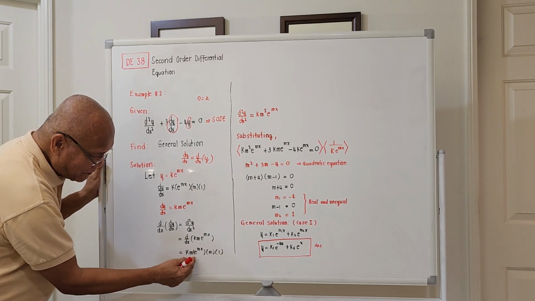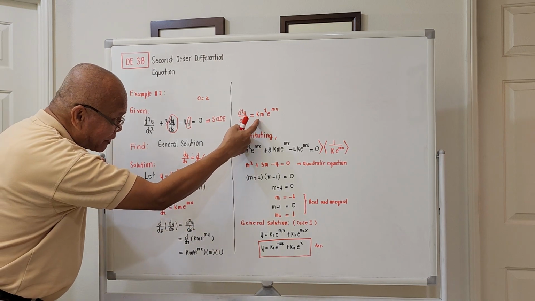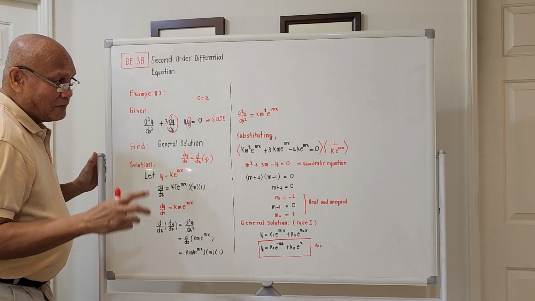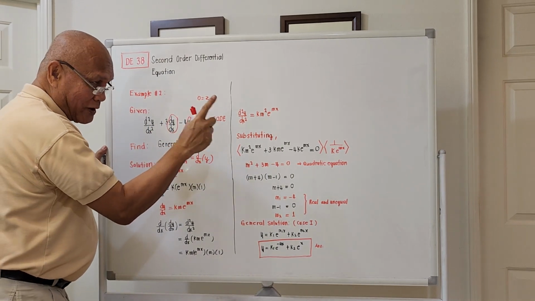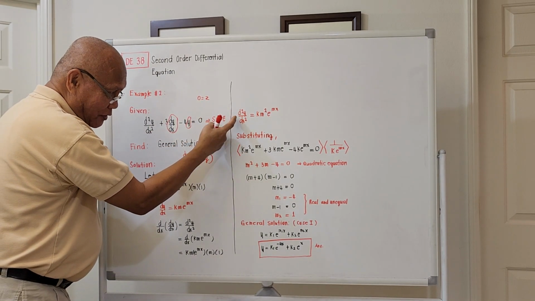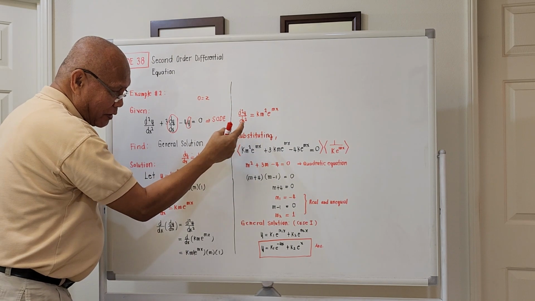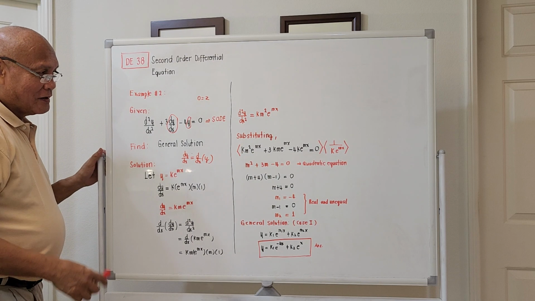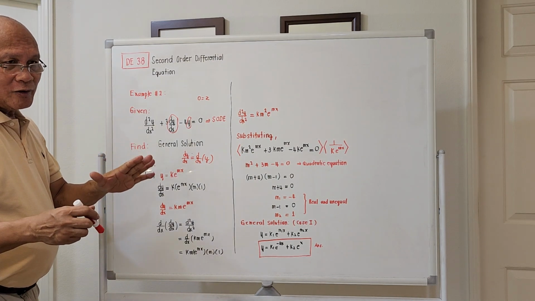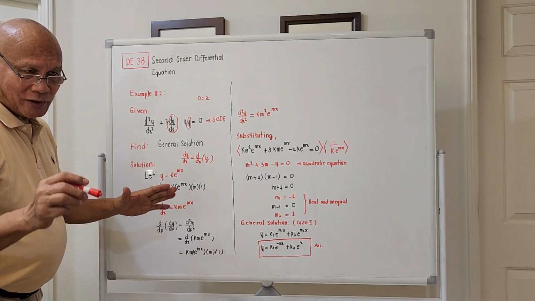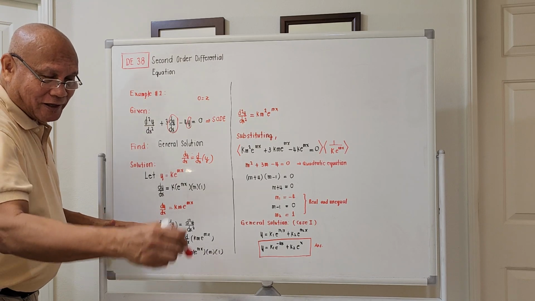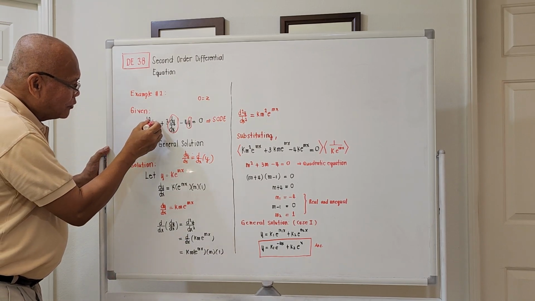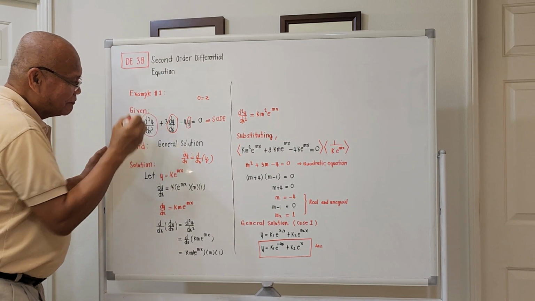K times m, that will be km square times e to the mx. Meaning the value of the second derivative of y with respect to x, or d square y over dx square, is equal to km square e raised to mx. So we now know the value of the second derivative with respect to x after taking the differential of the first derivative.